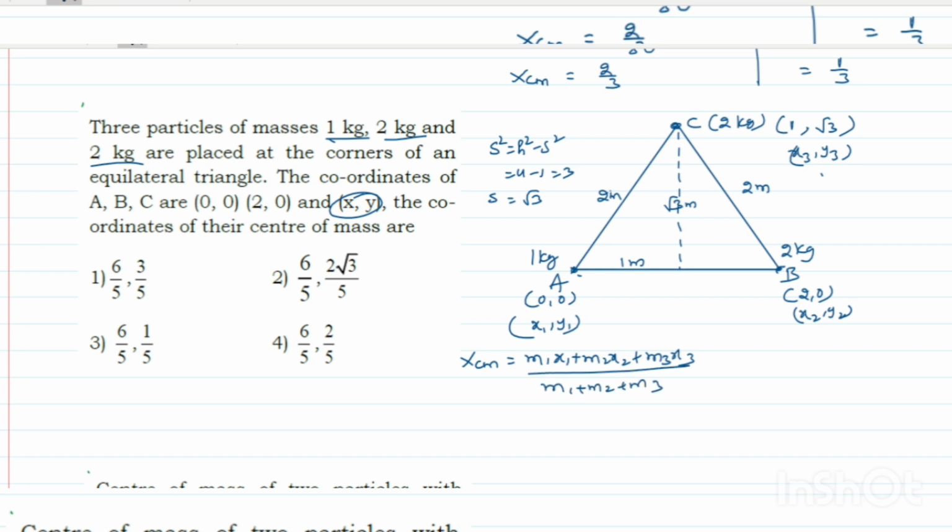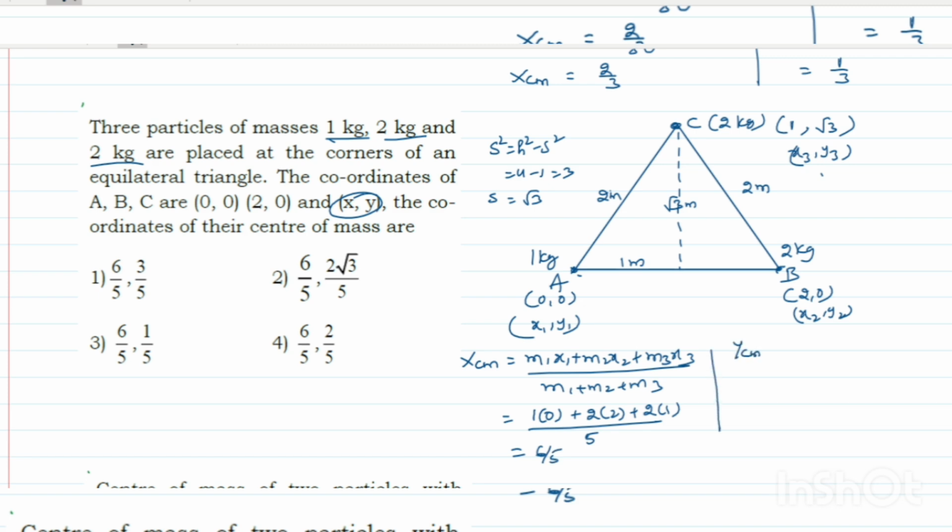When you substitute this value, it is 1 kg into 0 plus 2 into 2 plus 2 into 1, by the total mass, 1 plus 2 plus 2, which is 5 kg. So together we will be getting 6 by 5.